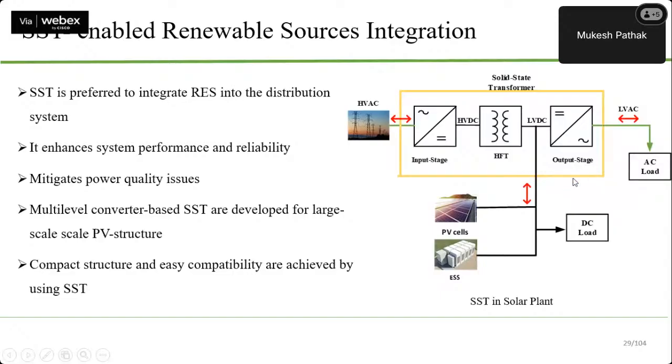You can connect your AC loads here. You can connect your DC sources here. So this solid state transformer will give us direct connection of DC sources, batteries, and PV cells to the transformer. You don't require it, except for the voltage level change. If you do not have a voltage level change, you can directly connect them to the low voltage DC link.